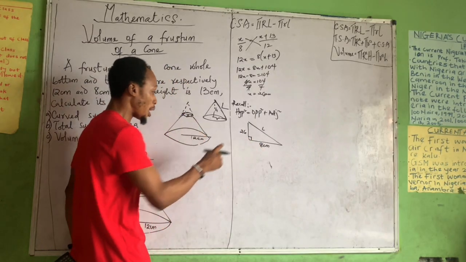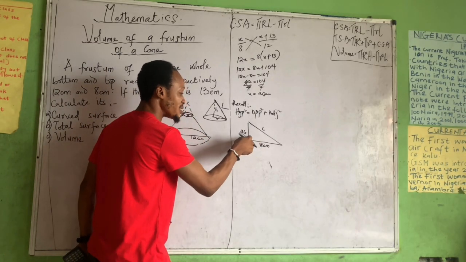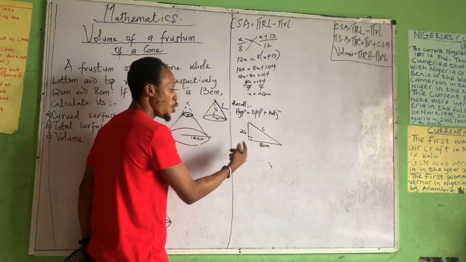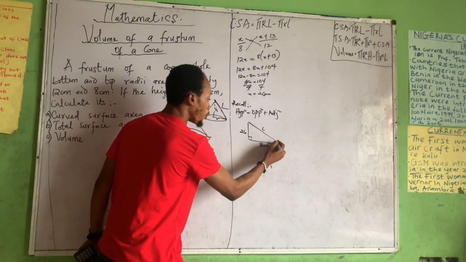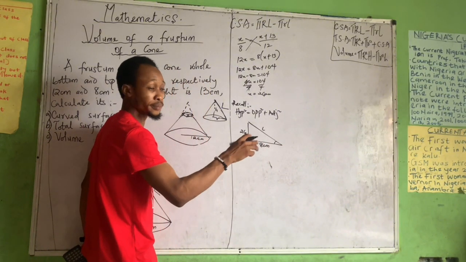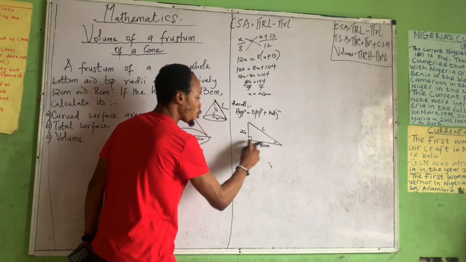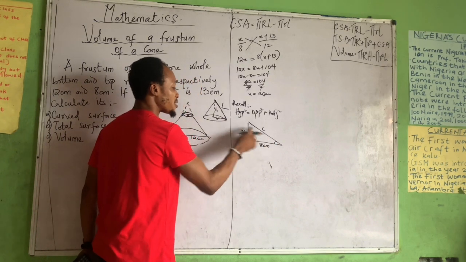And you know your Pythagoras theorem. If you remember, I taught you that the hypotenuse is the one opposite the right angle, the adjacent is the one where the angle is lying on, and the opposite is what is facing the theta here.